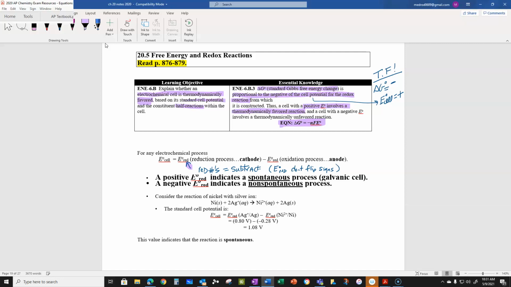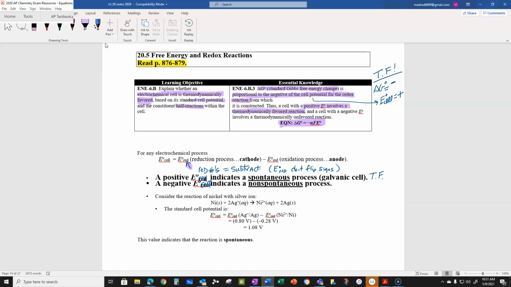If we get this E cell value positive, it indicates a thermodynamically favored process, and that's the only way a voltaic cell will actually work. So like your batteries will only work if they have a positive charge. Your E cell, if it's negative, indicates that it's not thermodynamically favored.